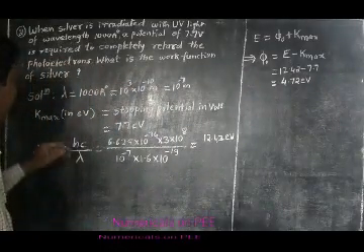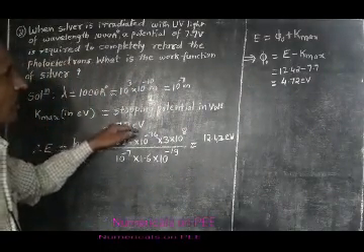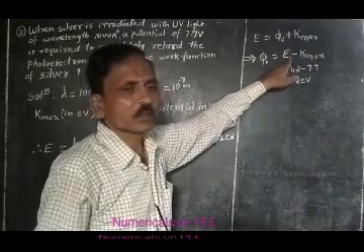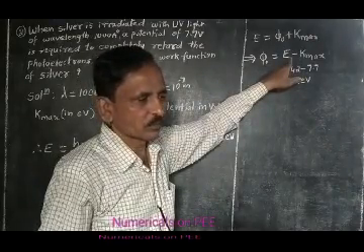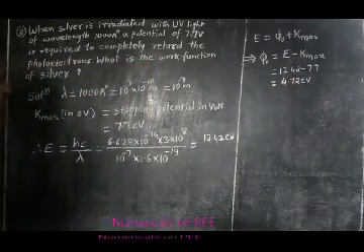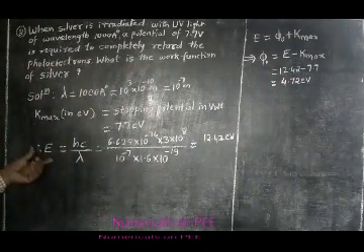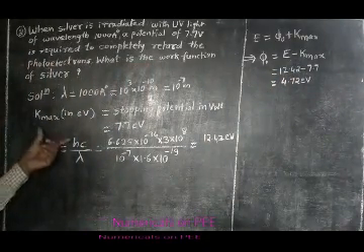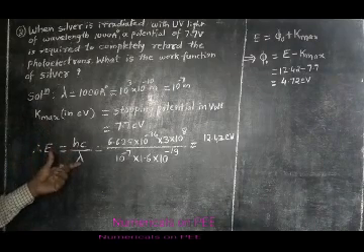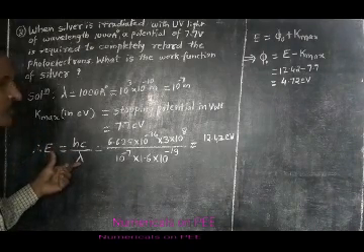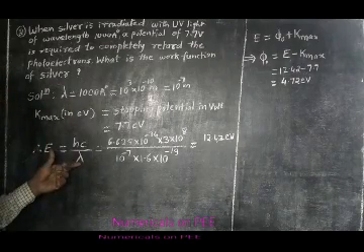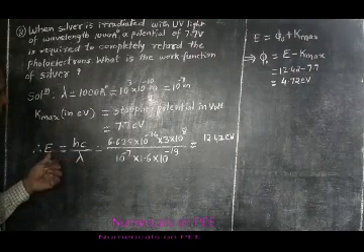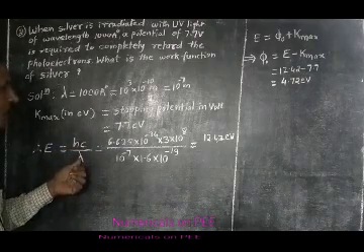Here maximum kinetic energy is known. Therefore first calculate energy of photon. Energy of photon is given by E equal to hc upon lambda or h nu, but here frequency is not given, lambda is given. Therefore E equal to hc upon lambda.